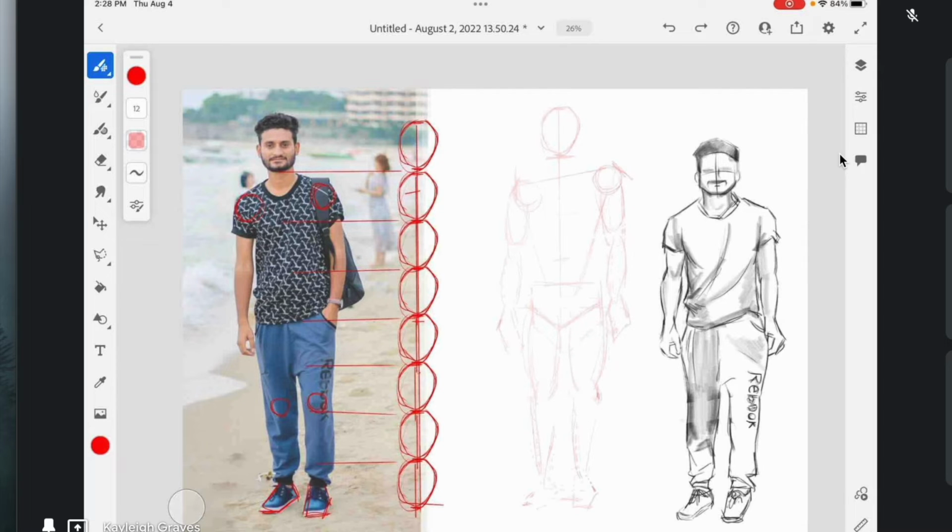And what I'm going to do is start in one spot and move around. Because he's fairly symmetrical right now, if I do something on the left side, I'm going to do it on the right side too. So I'm going to start measuring out these angles. I'm probably going to start with the neck because that's something we didn't really draw to begin with.